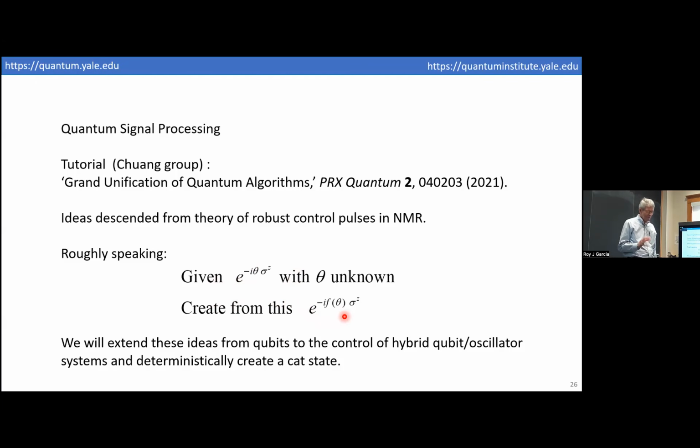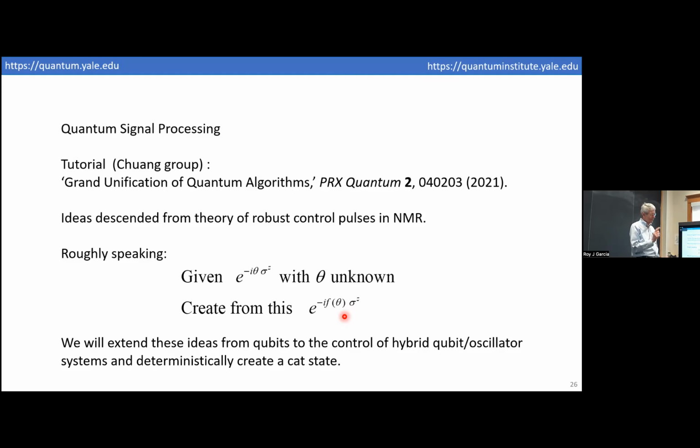Well, let's say I'm doing NMR, I have a kilowatt amplifier that's sending down an RF pulse to make a magnetic field to tip the nuclear spins over. Well, a kilowatt amplifier is a kind of crude thing. It's very, very hard to prevent gain fluctuations exactly. So I have errors.